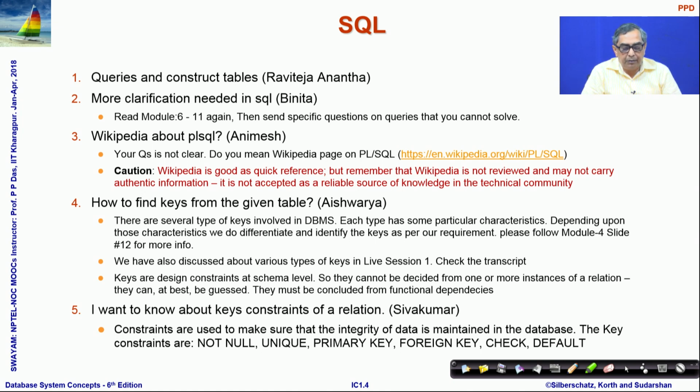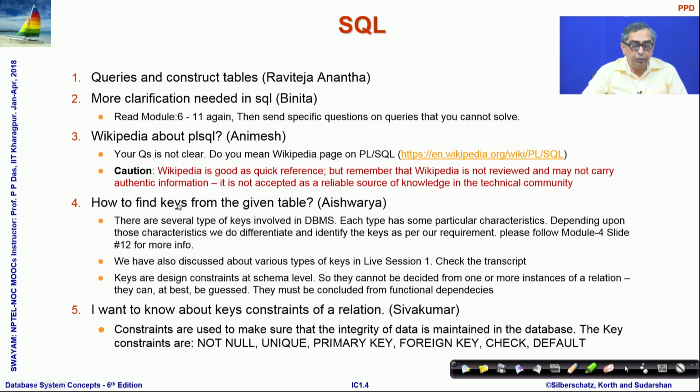We have discussed various types of keys in live session 1 also, and earlier in different modules. Please keep in mind that keys are design constraints at the schema level. So, for something which is a key, you should be able to reason about it even without any specific instance of a relation. They cannot be derived from instances, but have to be derived based on the functional dependencies, the real life constraints that you expect to exist on the relations that you are dealing with.